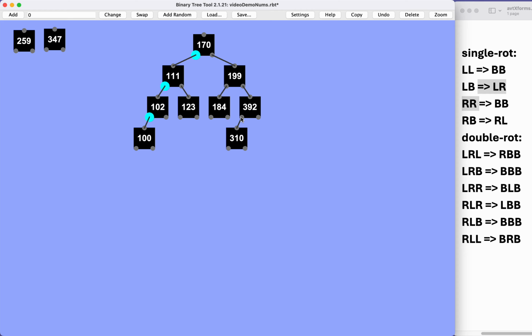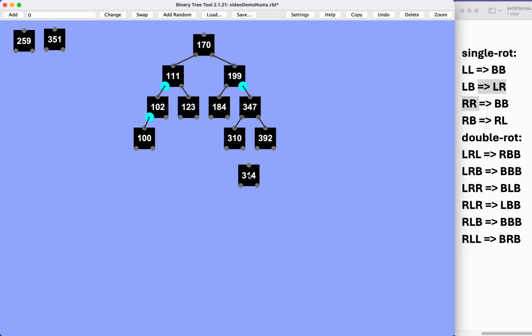So I get growth, growth, and this guy was left-leaning and now becomes balanced. 347 ends up going there. So I grow there. This guy can't grow anymore, therefore I have a left-right balanced transformation, which is make these two guys balanced and do a double rotation.